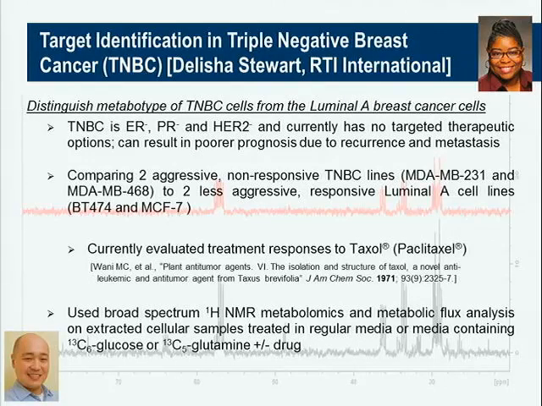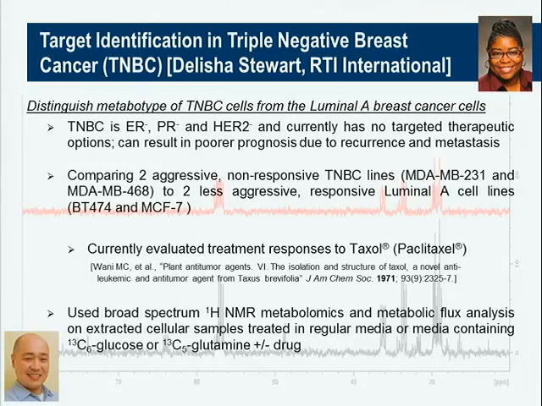So she's taking cells from patients who have triple-negative breast cancer and cells from patients who have luminal A breast cancer. And we've been able to look at those cell types and see the difference in the metabotypes of the cells.